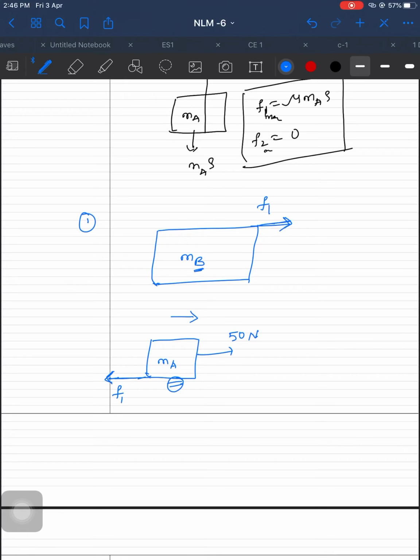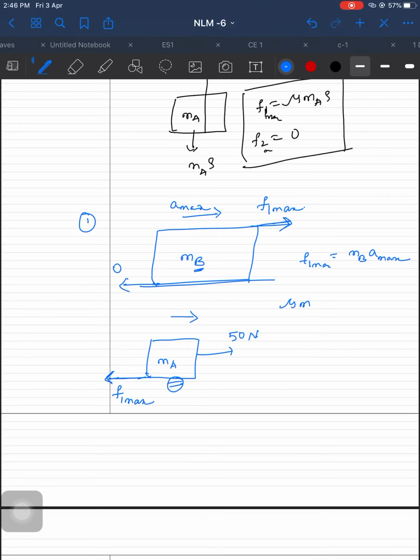This is F1. Now what is the maximum value? We should get the maximum acceleration, so we should apply F1 max. Now is there any friction in the backward direction? No, it is equal to 0. F1 max is equal to MB into A max.